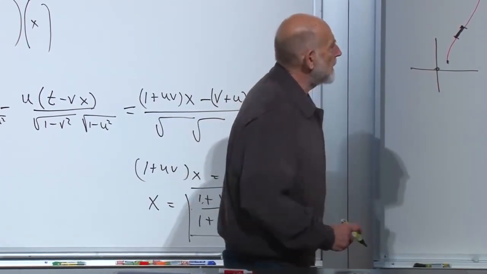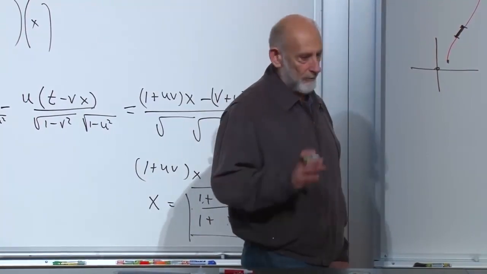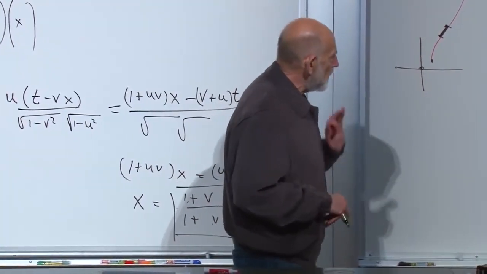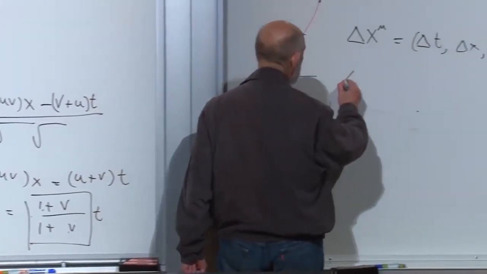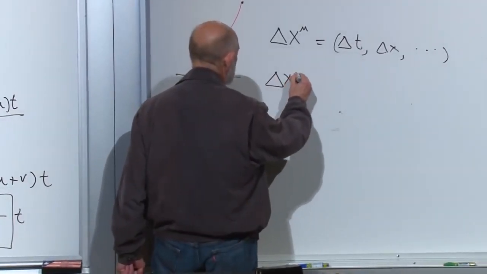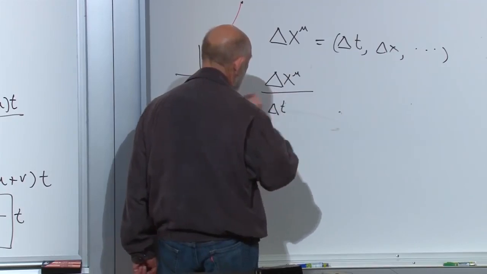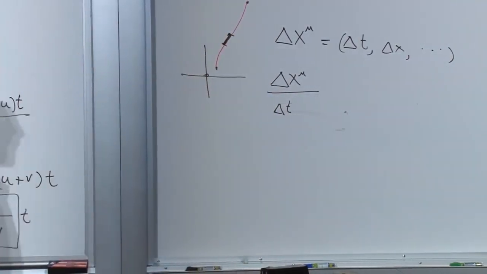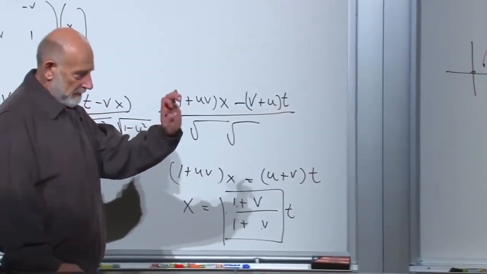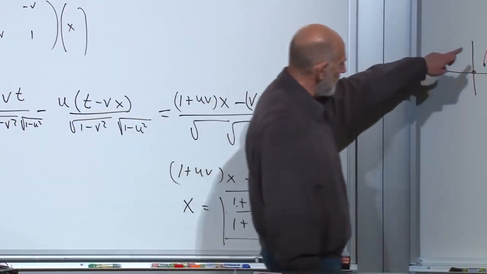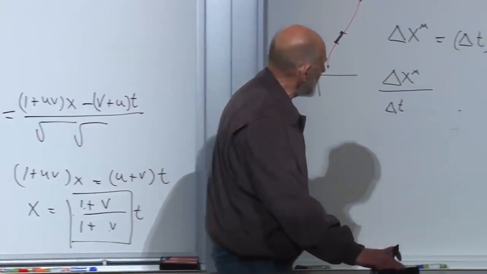I'm going to introduce now a notion of four-dimensional velocity, and we're going to do that by taking the delta x mu, and instead of dividing it by delta t, we're going to divide it by the invariant distance between these two points. Let's call it delta tau.